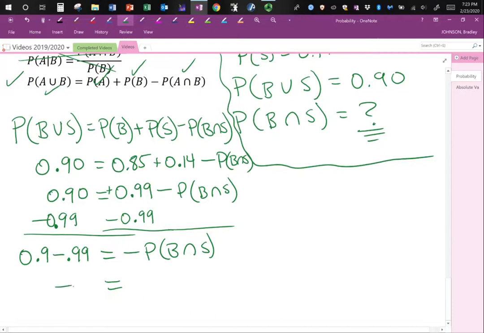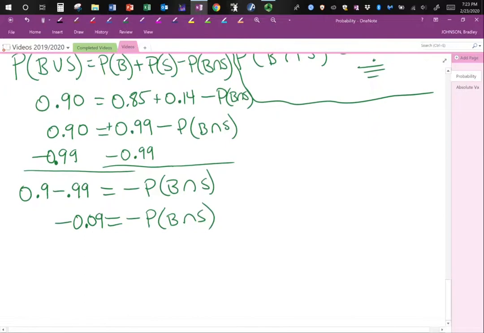Now this would give us on the left hand side negative 0.09, and we have negative probability. So we have a negative equal to a negative. Really, I want to get rid of that negative, so I could divide both sides by -1, or you could multiply by -1. Either way, dividing by a negative makes everything positive. Negative over negative is positive, so 0.09 is equal to the probability of B and S.